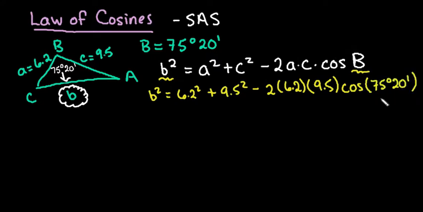And with this, I am going to show you how to just plug this into your graphing calculator as is. Remember, because we are finding just b, we would want to take the square root of both sides, so you can plug this in all at once, and that's going to give you the most precise answer. If you try to find all of this individually and round as you go, it will throw off the final answer and your answer will not be as precise. So I prefer to just enter everything exactly as it is.